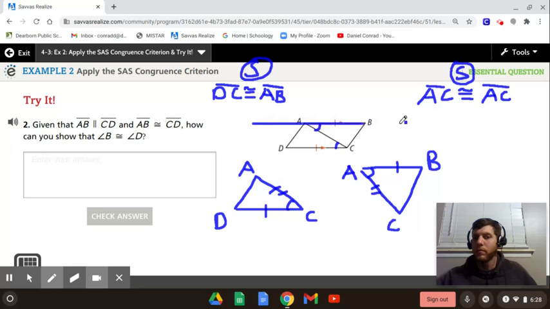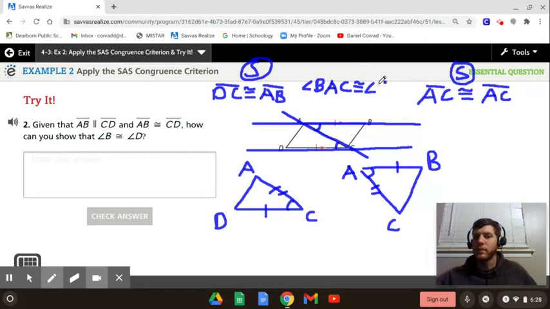AB is parallel to DC. And so if you have a transversal AC here, your alternate interior angles are going to be congruent. So angle BAC is going to be congruent to angle DAC. I'm sorry, DCA.